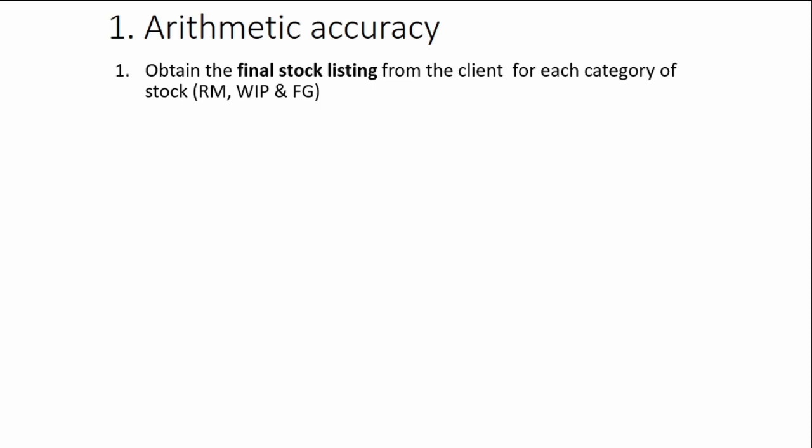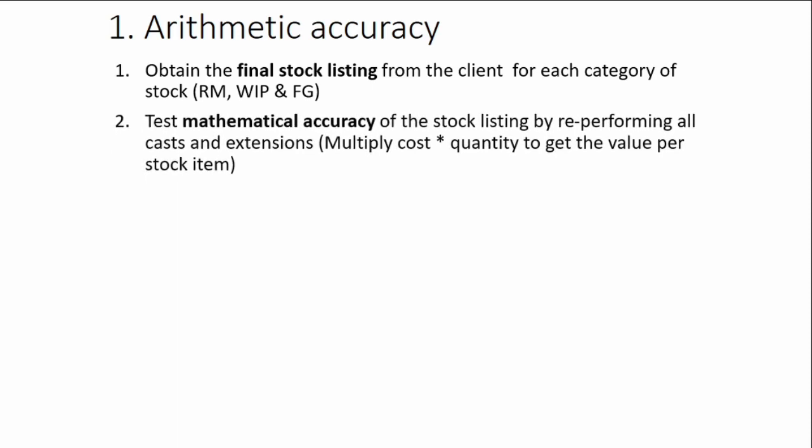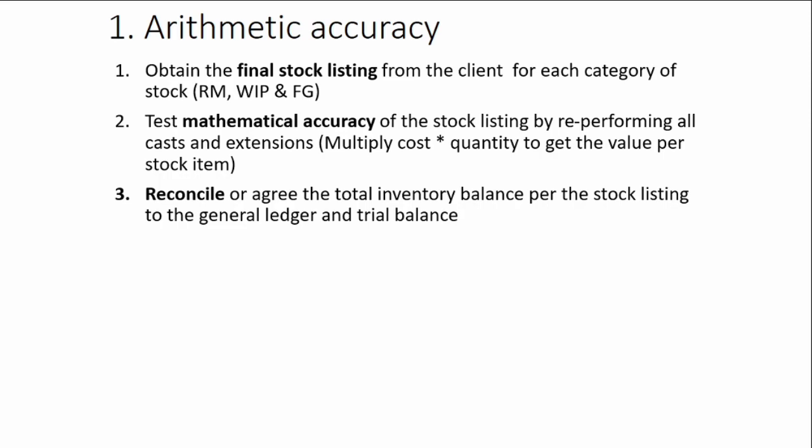So the first thing we want to do is we want to get a full final stock listing. Final stock listing will have all of the different stock items as well as what their final count amount is for the year. Then we are going to try and reperform any extensions. That might mean recalculating the unit cost versus quantity amounts for each stock item to ensure that the actual verification of this stock listing is correct.